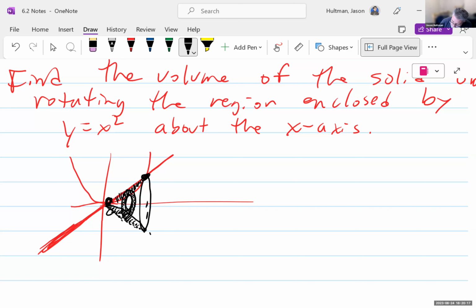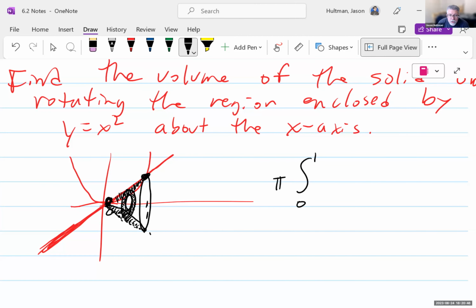So how do we do this? Well, it's pi times the integral from where? Where is it enclosed? It's enclosed from x equals 0 to x equals 1. And then which one's on top?